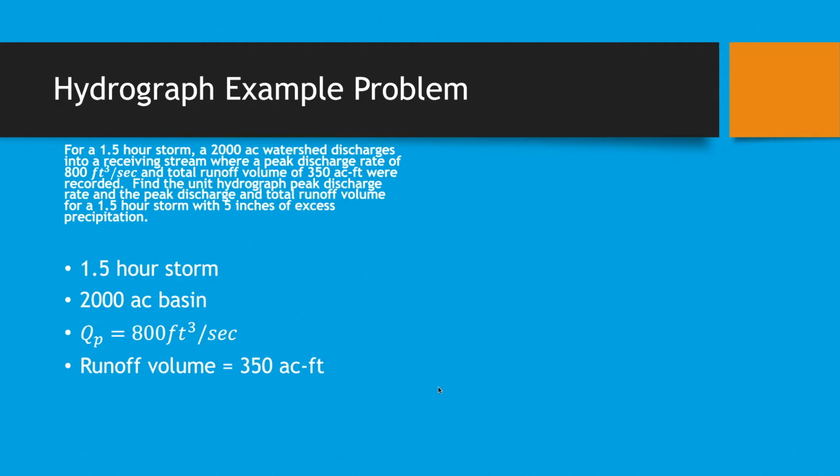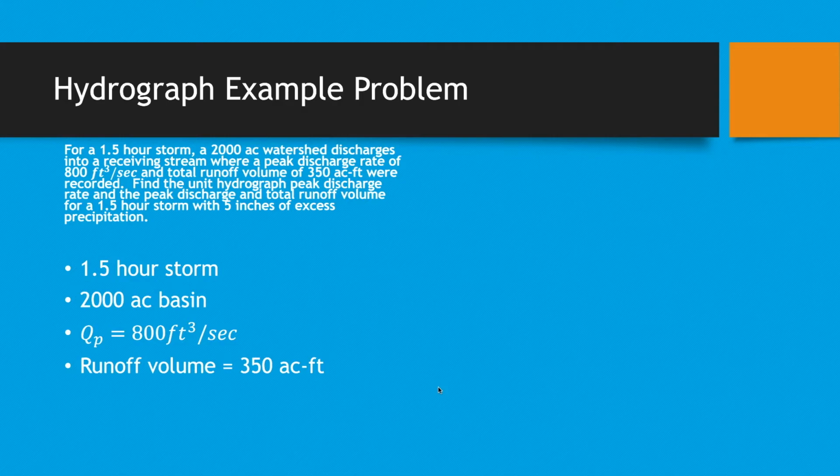Typically people talk about a 3-inch rain event, 4-inch rain event. But not all of that's going to become runoff, right? A 3-inch rain event doesn't mean you get 3 inches of runoff. You might get 2 inches or some other number depending on your watershed. So excess precipitation has to do with the precipitation that actually produced runoff, and it's expressed in a depth like this.